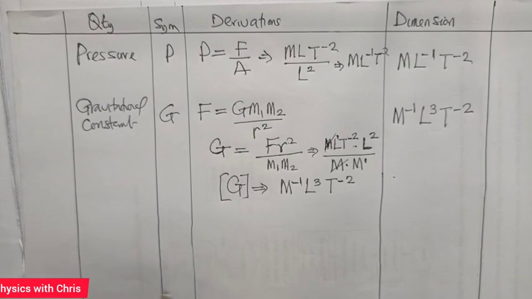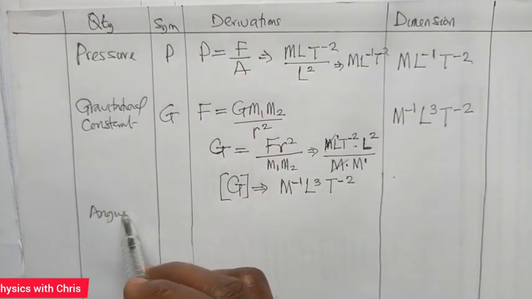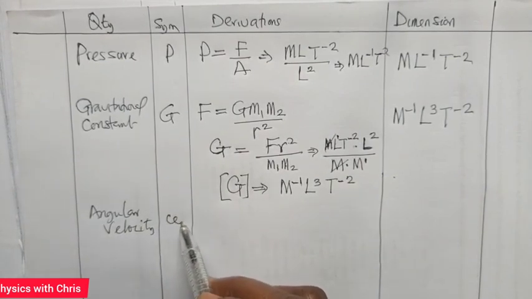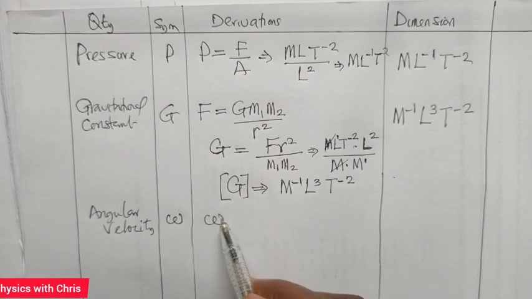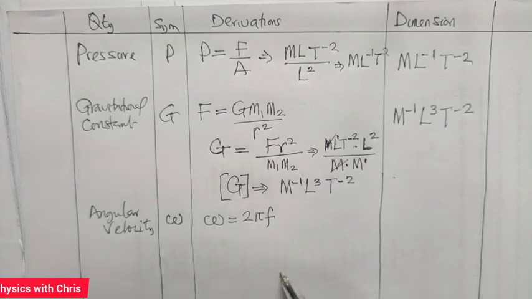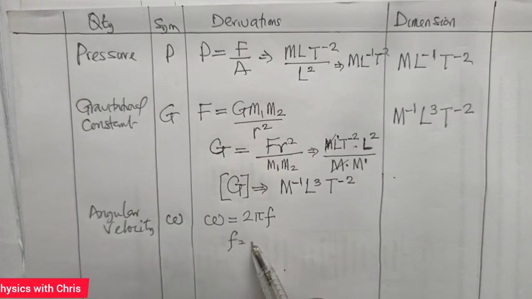Now let's take some more. How about the dimension of angular velocity? Of course, the common symbol for this is omega. Angular velocity is defined as 2 pi times frequency. Now, 2 pi has no dimension. It's a dimensionless constant. And frequency has the dimension of the hertz, which is the same as per second.